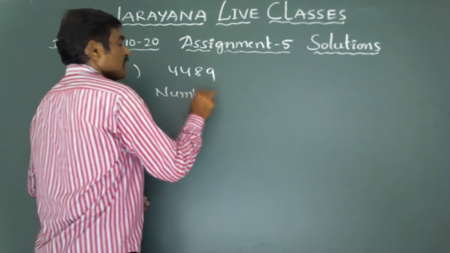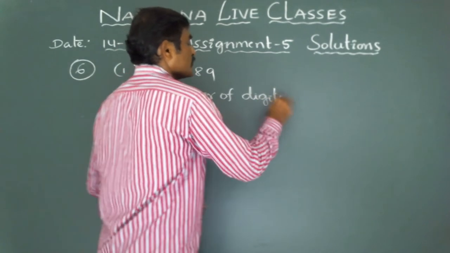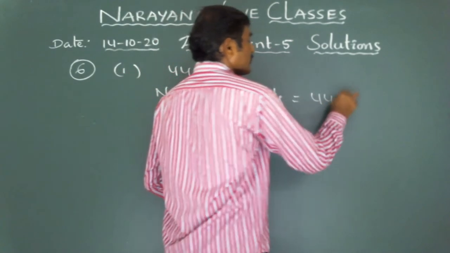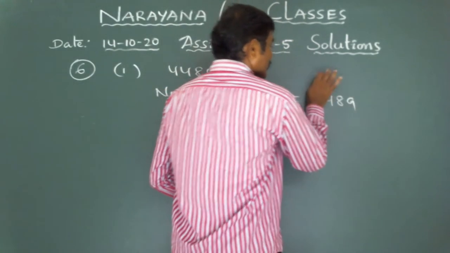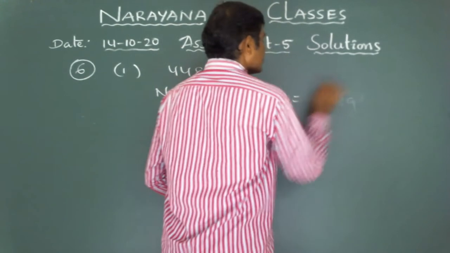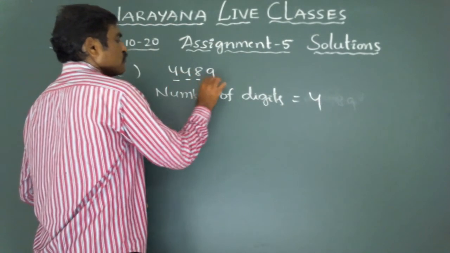The number of digits in this number is 4 only. How many digits are there? 1, 2, 3, 4 digits are there.